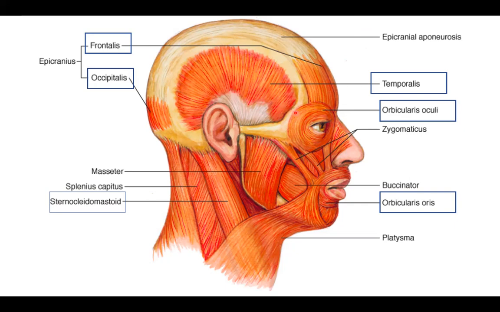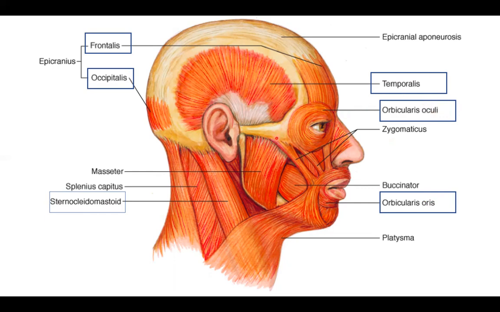And we have two circular muscles, one found around the eye and one found around the mouth. If it's around the eye, we refer to that as orbicularis oculi. And if it's around the mouth, it's referred to as the orbicularis oris. Again, break down the word: orbicularis as in circular, oris as in oral, mouth, and oculi would mean ocular, or your eye.